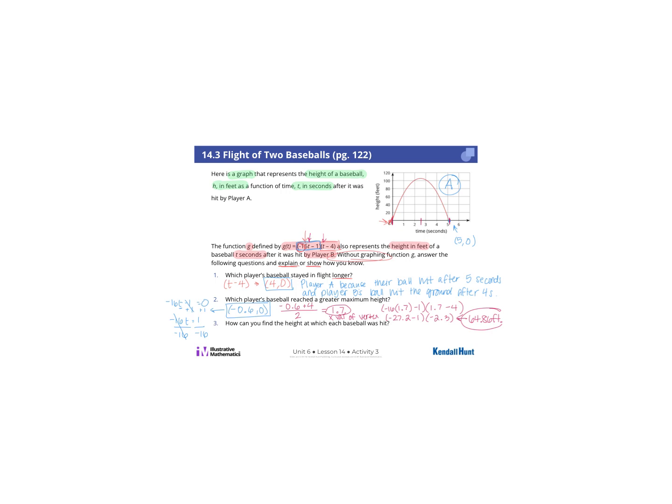This is roughly where the vertex would be, which we can see is the highest point. Okay, and we don't even need an exact value to compare these two, right? Because we can see that this point is well over 100, and this only got to 64. So player A is definitely higher than player B, okay?